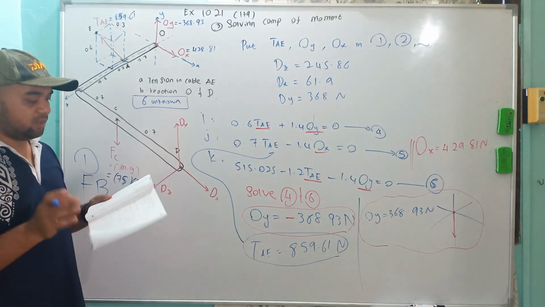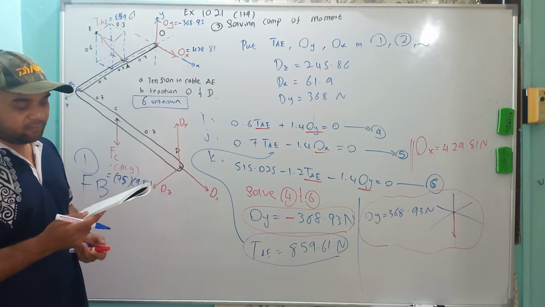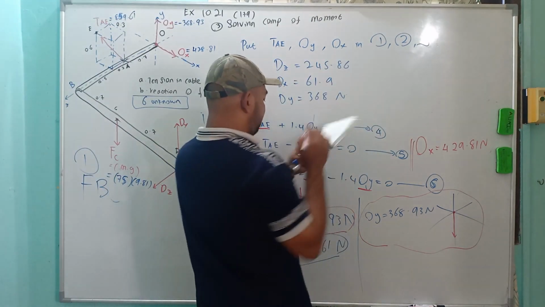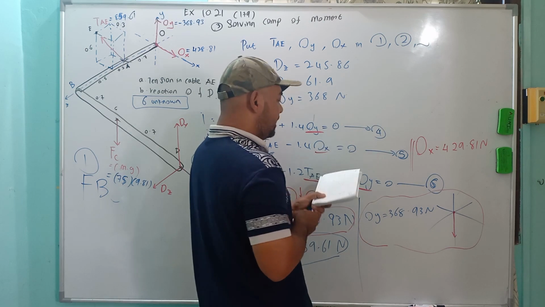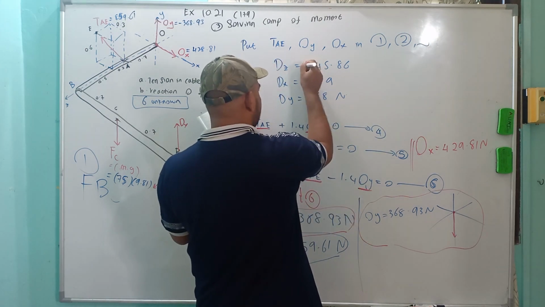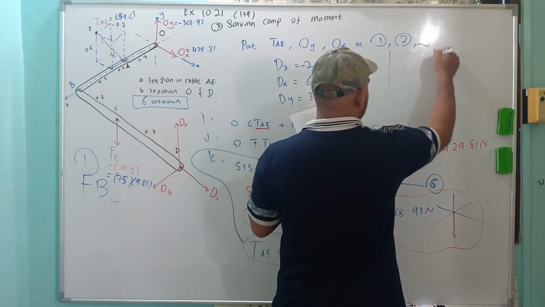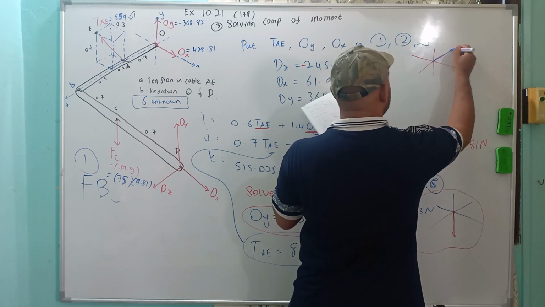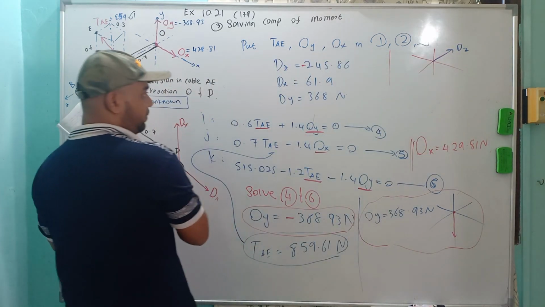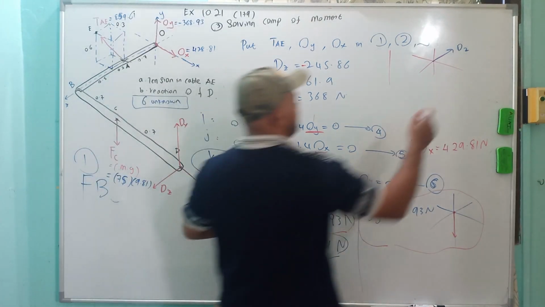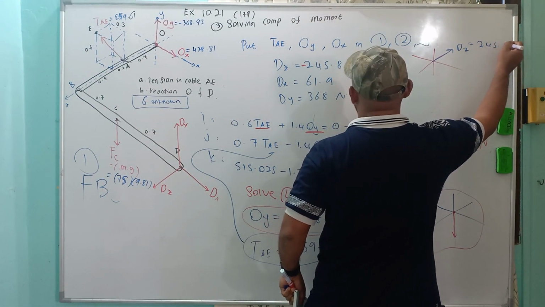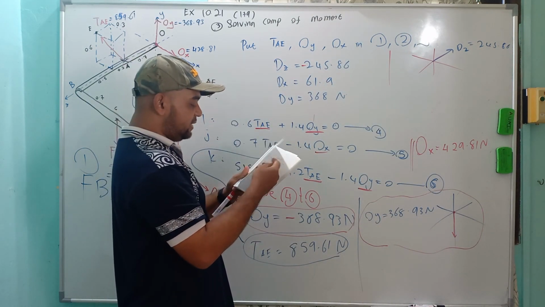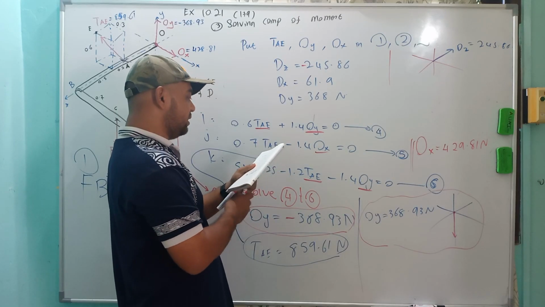Okay, so it's your calculation. Actually, when you calculate this one, you will have the dz equal to negative, meaning that in this figure the dz will go this direction, opposite from here. dz equal to 245.86, and then you replace the original value dz equal to negative inside equation number 1.